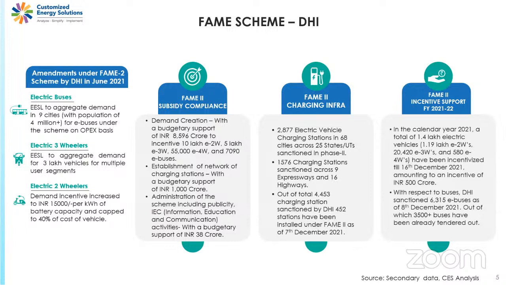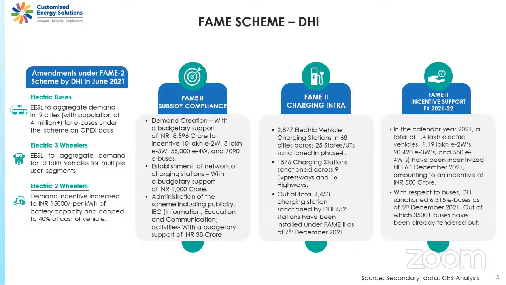This was the intent of FAME 2. And to establish more charging infrastructure, 1,000 crore was budgeted. And the remaining 38 crore went towards capacity building, education, and similar activities.